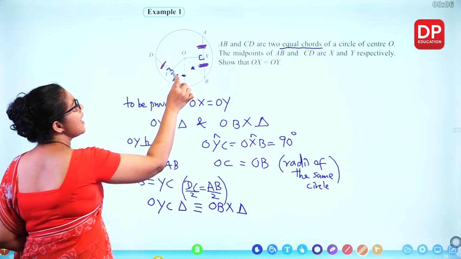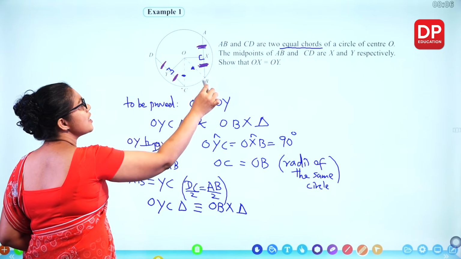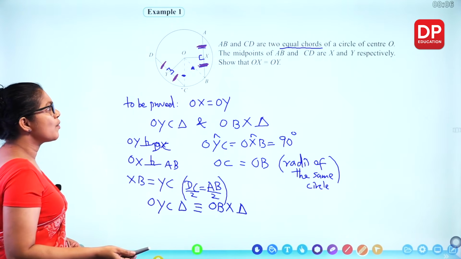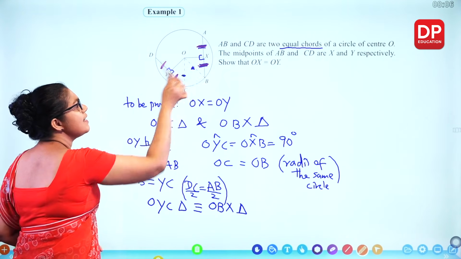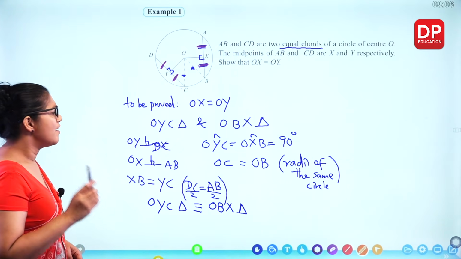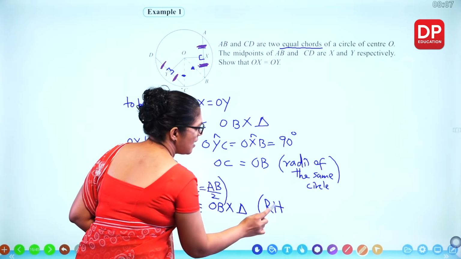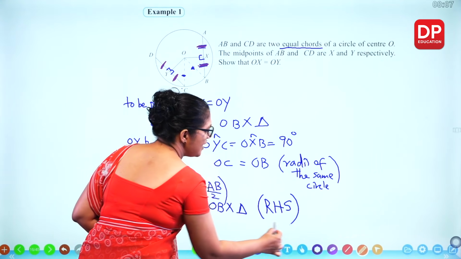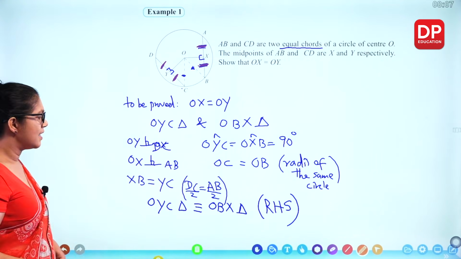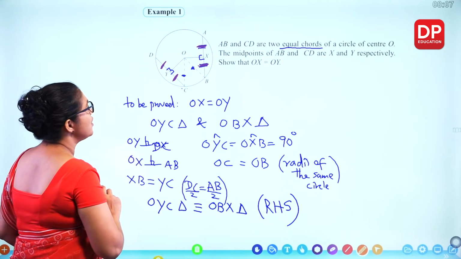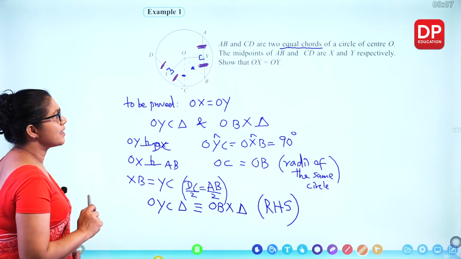So here we can see this is the hypotenuse. Hypotenuse are equal and one side equal. So in a right angle triangle, hypotenuse and one side equal, we call RHS. So these two triangles are congruent.